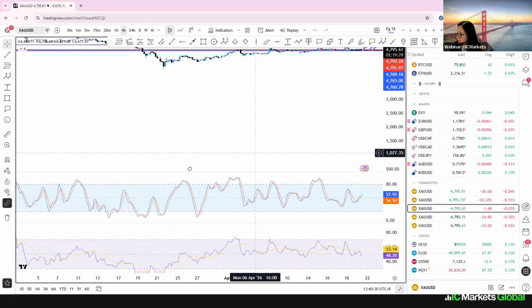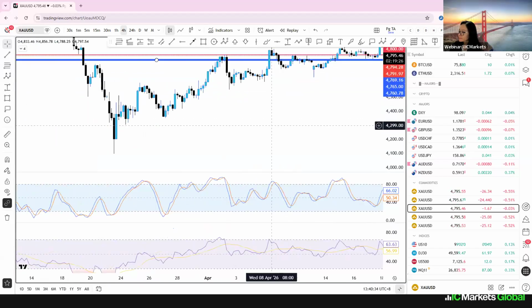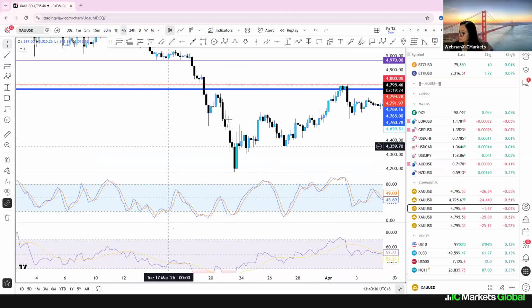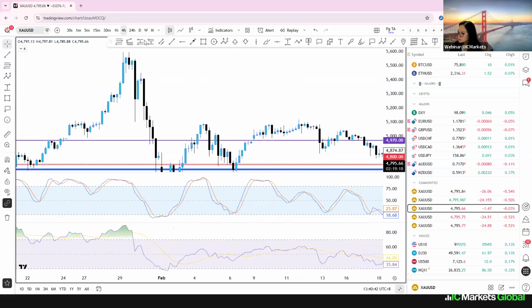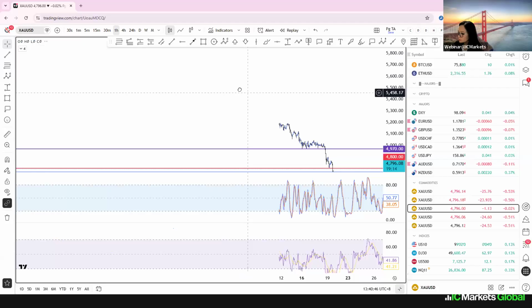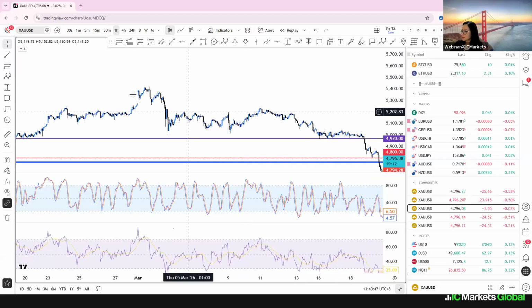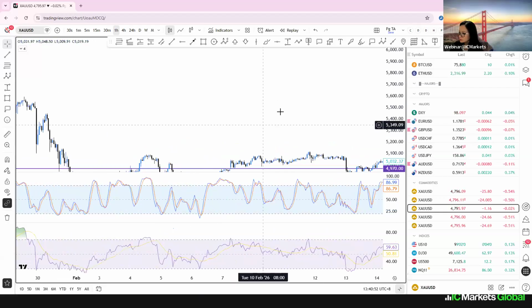Let's look at gold. I saw the divergence, I think in H1, when price made the all-time high, or in the lower time frame.